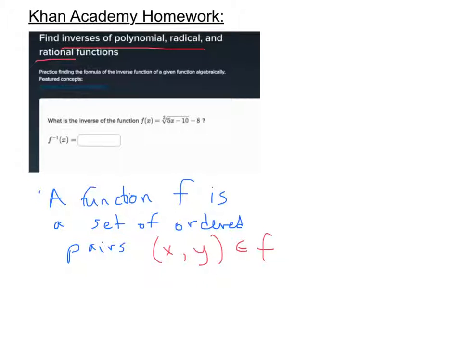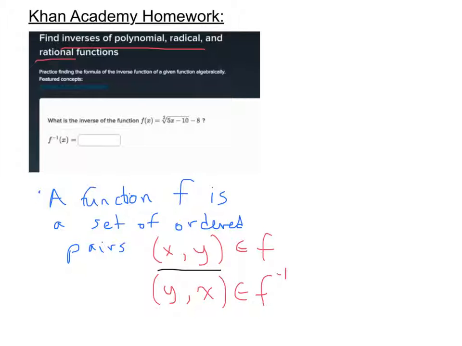The reason I'm using this notation of x comma y belongs to f is because when we define the inverse of f, all I want you to think of is we take all those ordered pairs that belong to f and we reverse them. That's what an inverse is. If all x, y pairs belong to f, then y comma x, those same ordered pairs but now reversed, belong to f inverse.